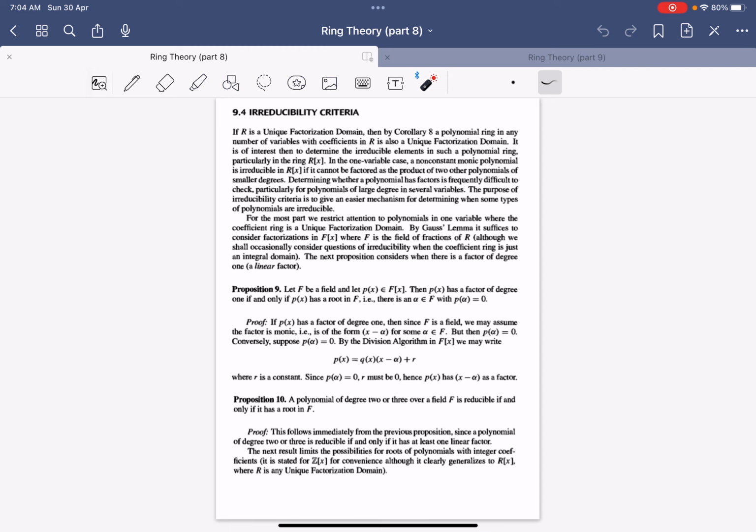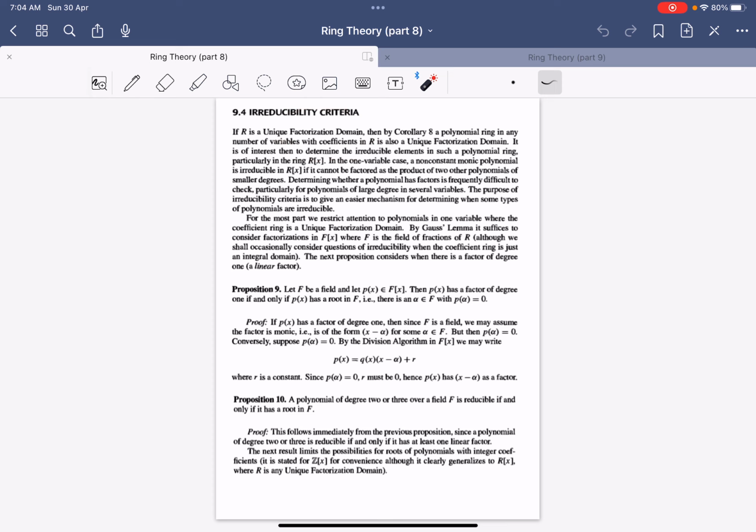Hi, in this video, I'll be going through the irreducibility criteria for polynomials. In the previous video, we have already seen by Gauss' lemma that it suffices to consider the factorization in F[x], where F is the field of fractions of R when R is your unique factorization domain.